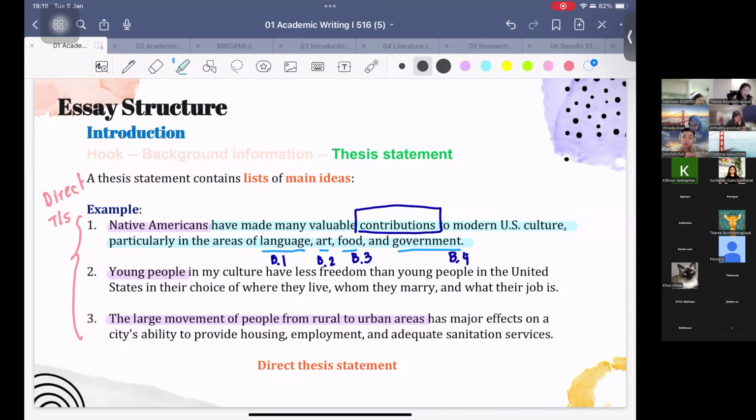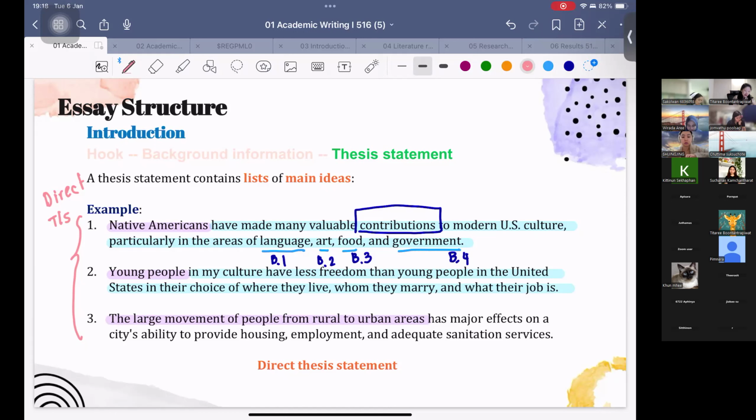And the same as question 2. Again, question 2 is like the topic idea with controlling idea, which is less freedoms. So with direct thesis statements, you probably need to say less freedom in what aspect, in what perspective.